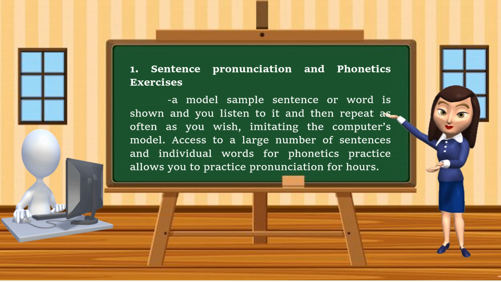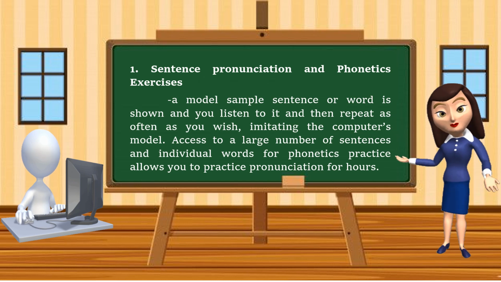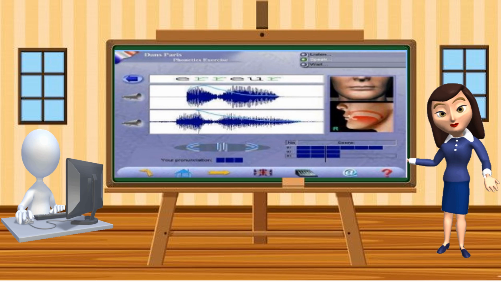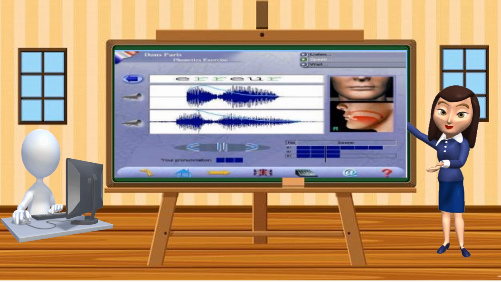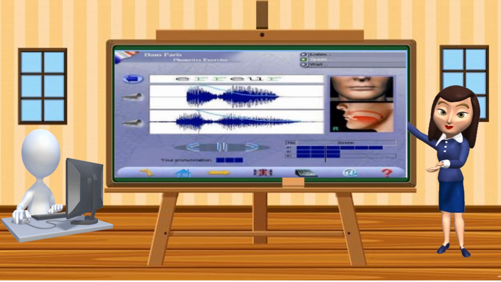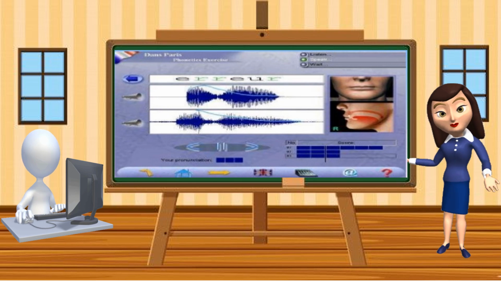Access to a large number of sentences and individual words for phonetics practice allows you to practice pronunciation for hours. So, like in the picture, we'll be able to pronounce the word correctly through imitating the sound of the computer. It also shows how to widely open our mouth for phonetics exercises.